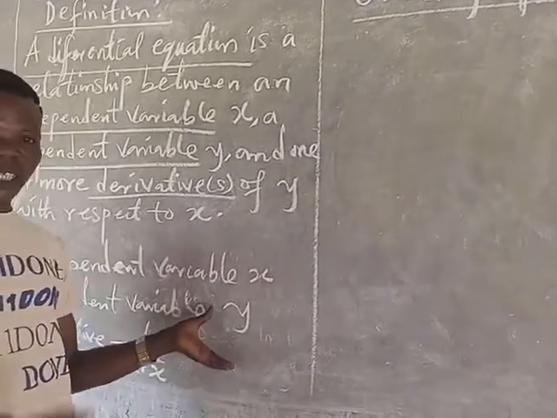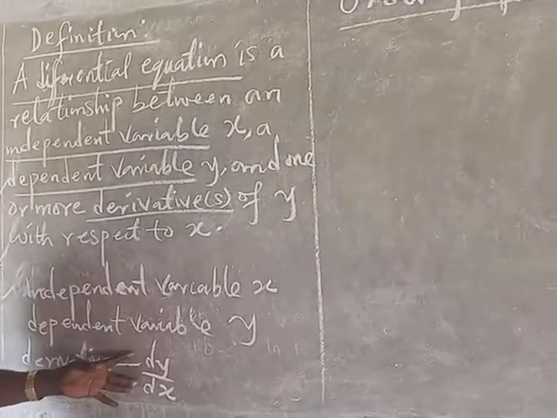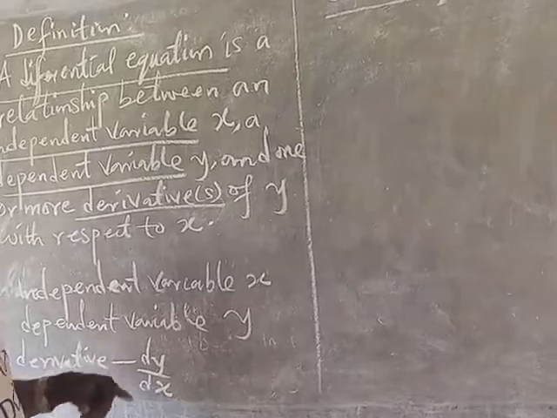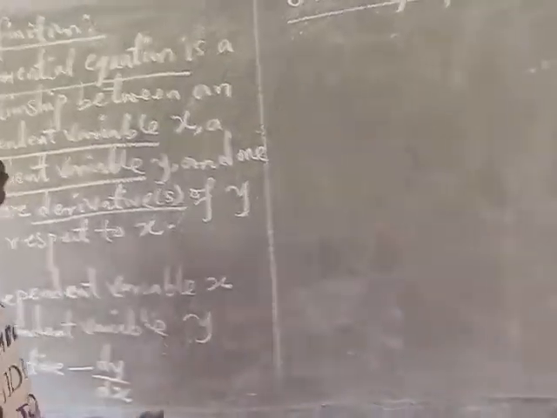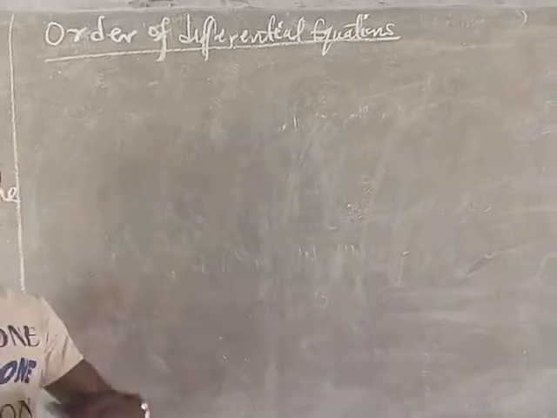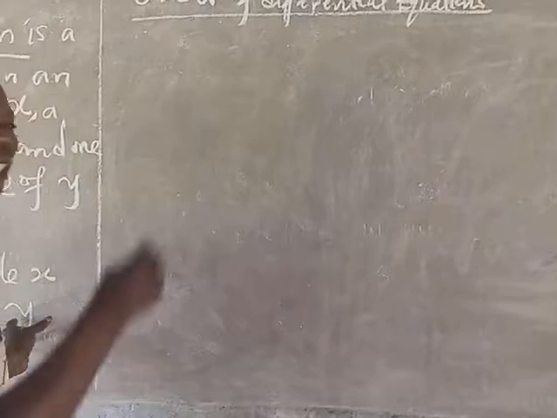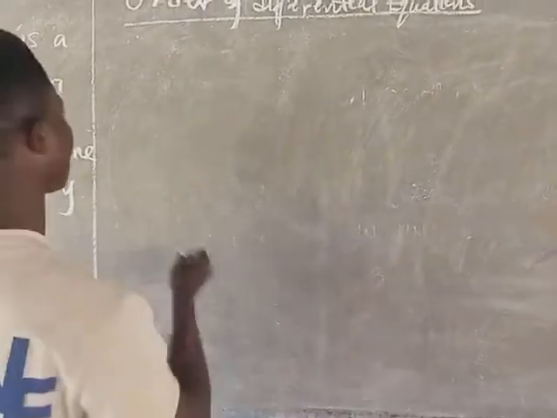So if it is once, then we say the order is 1. And if it changes twice, the order will be 2. And when we say order, it has to do with the order of the derivative by which the value of y changes with respect to x.